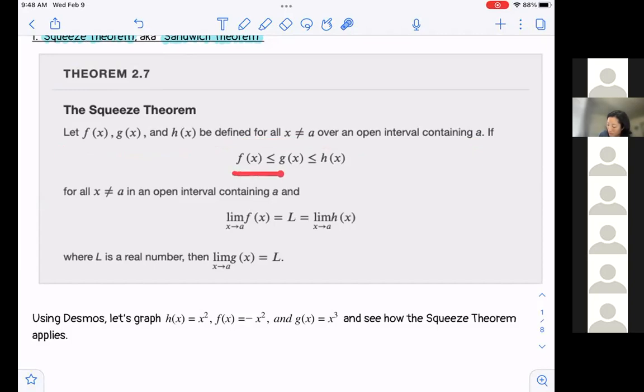If f of x is less than or equal to g of x is less than or equal to h of x, for all x not equal to a in an open interval containing a, and we have that the limit as x approaches a for f of x and h of x equals this capital L, where L is a real number, then the limit as x approaches a of g of x also equals L.